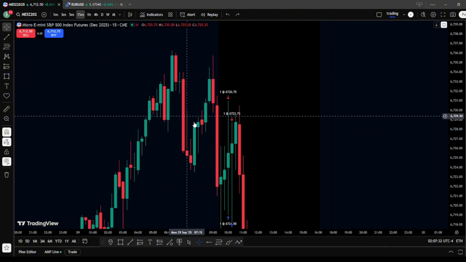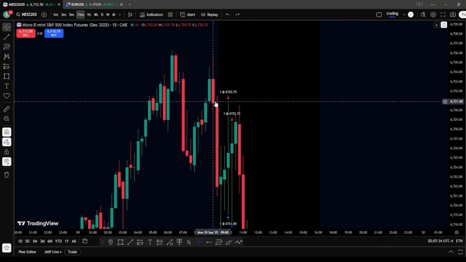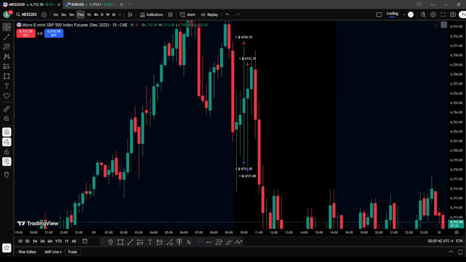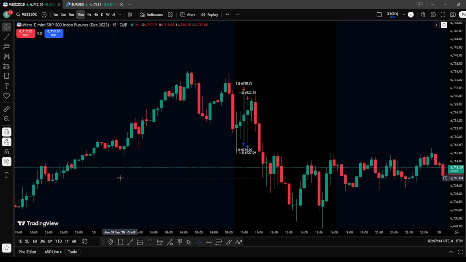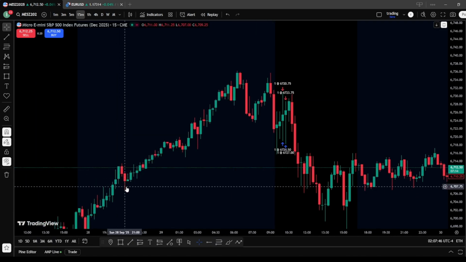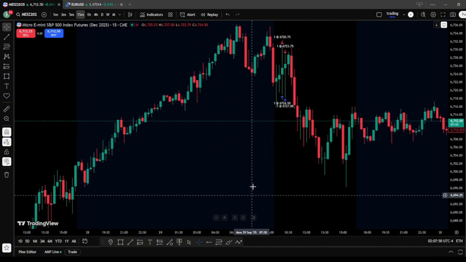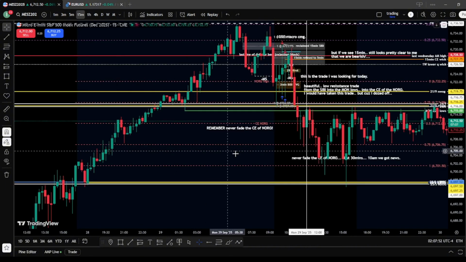Then you can see we went up here to the CE week of this week, but with displacement and a fair value gap, price was just holding inside it. Then we ran lower for the London lows here, and also down here, you can see the new opening range gap.